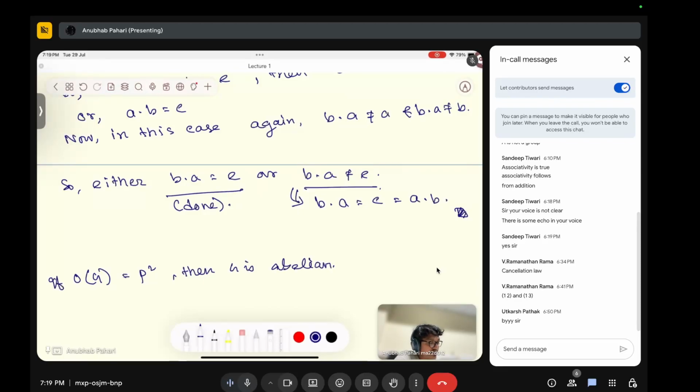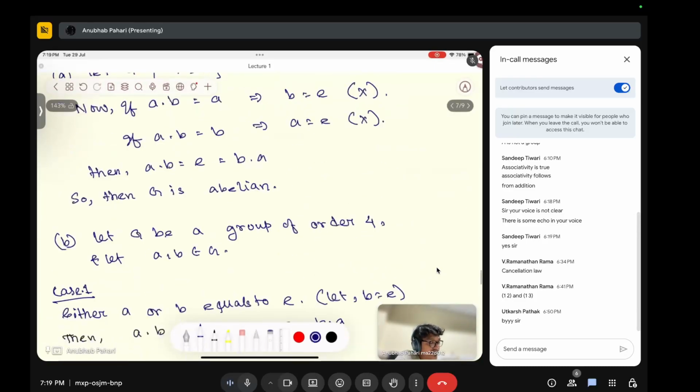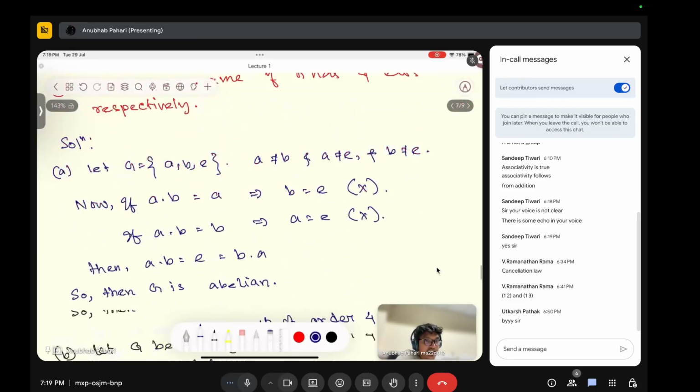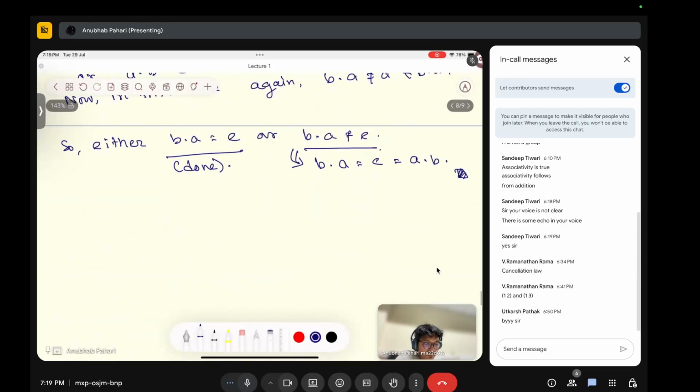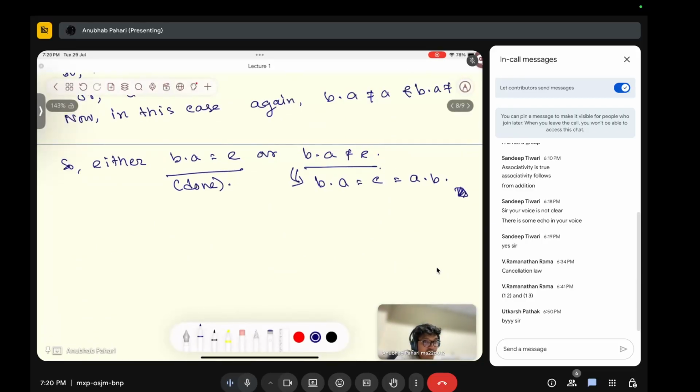So that is 2 squared. That means G is always abelian. So these are all standard theorems that will be introduced to you later, so that you don't have to do these things rigorously. But I am doing this so that you know how boring it is. Anyway.